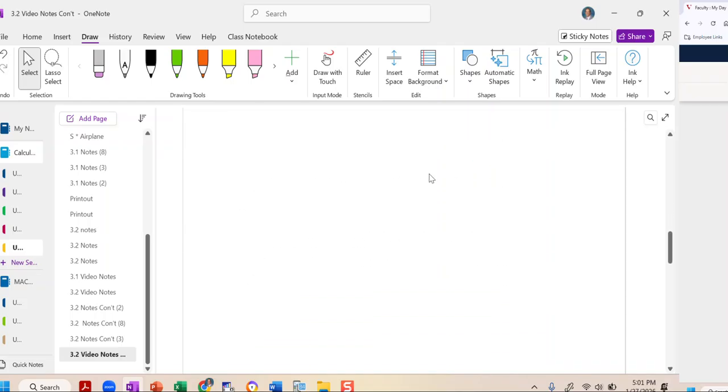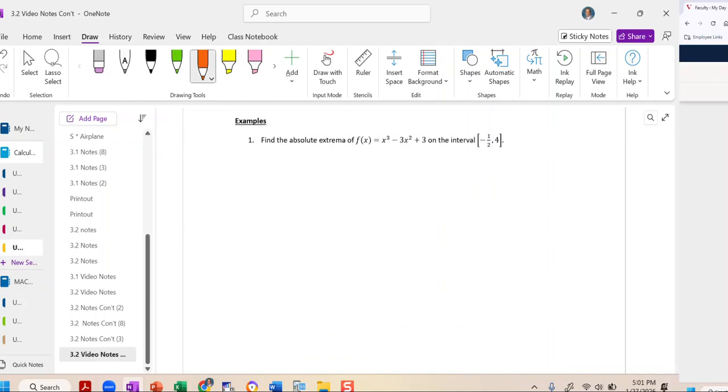So here we have an equation. Remember, the first thing we need to do is find the critical numbers. So we'll find the derivative. The derivative here is 3x squared minus 6x. Then we set that derivative equal to 0.